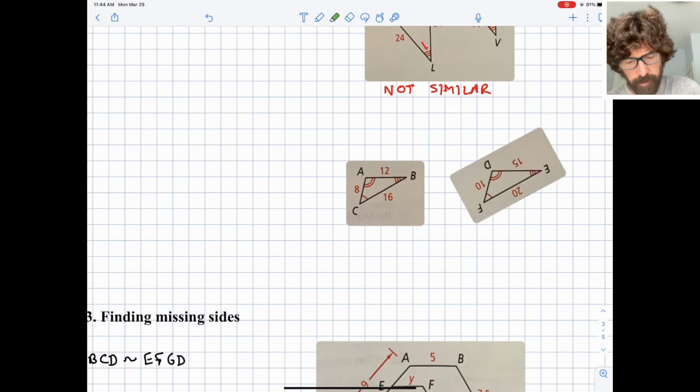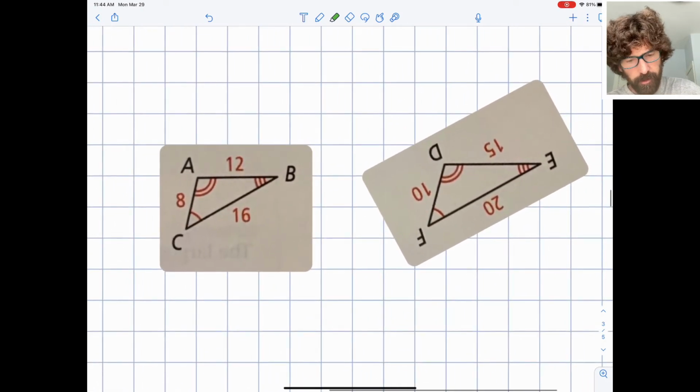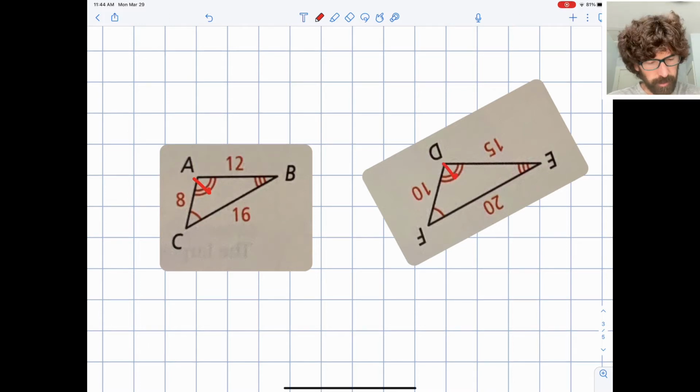Okay, let's see, we have an angle congruent to an angle, so those double arcs. Angle C is congruent to angle F, and angles B and E are congruent. So the angles are all congruent, again, so that checks off, so that's good news. Let's check the sides.